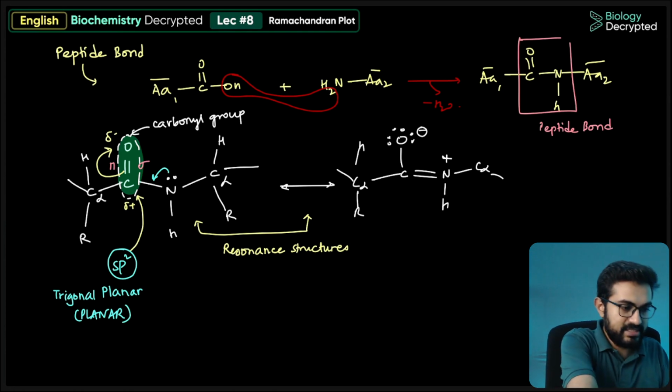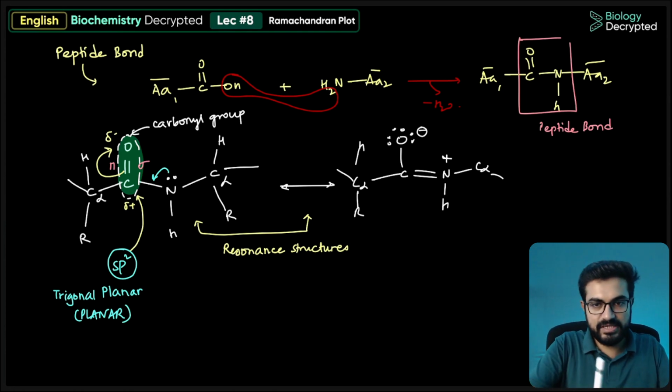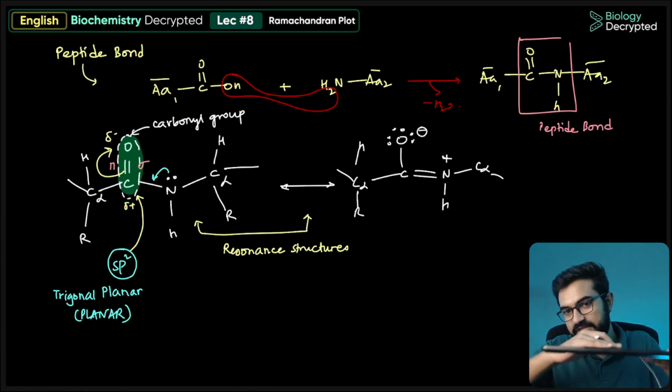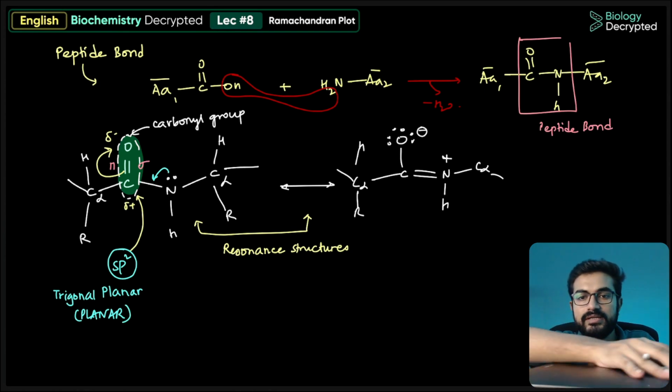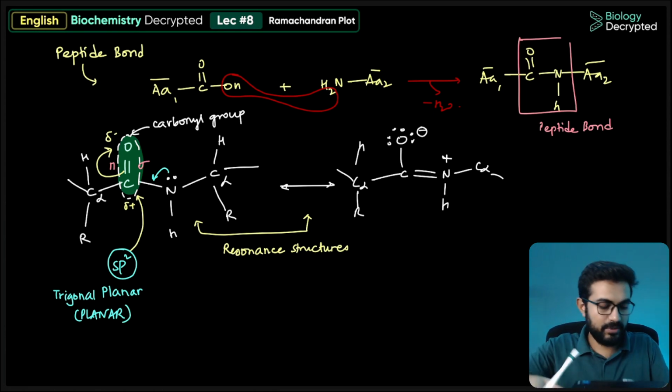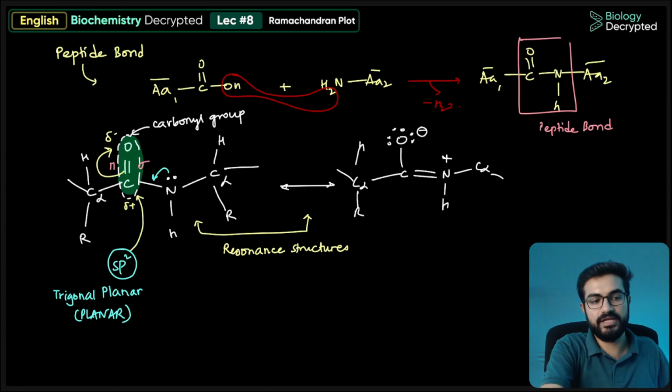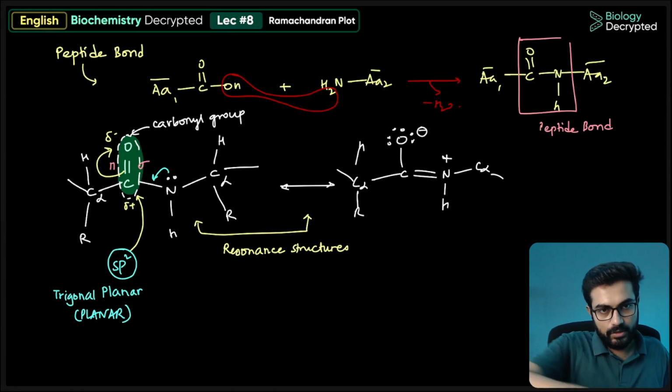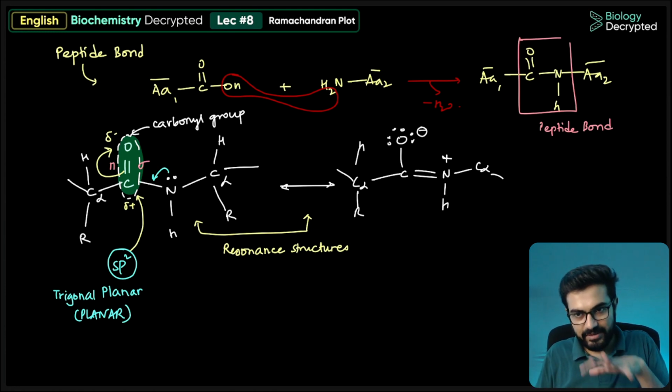If you take this example, this is something like a plane. This is a planar structure, as you can see here. This is one simple sheet or one simple plane. This is how the carbonyl carbon is arranged. So obviously they will be in a plane.